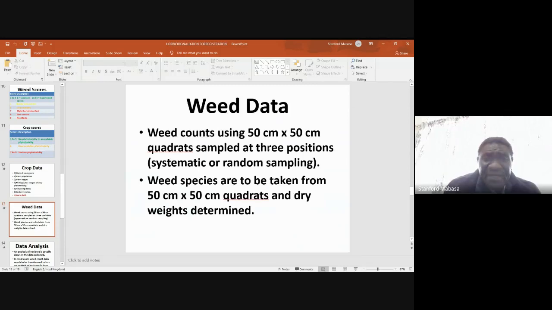On the weed data, weed counts are taken from 50 by 50 centimeter quadrats and sampled at 3 positions. This could be systematic or random sampling. Weed species are to be taken from 50 by 50 centimeter quadrats and dry weights determined.